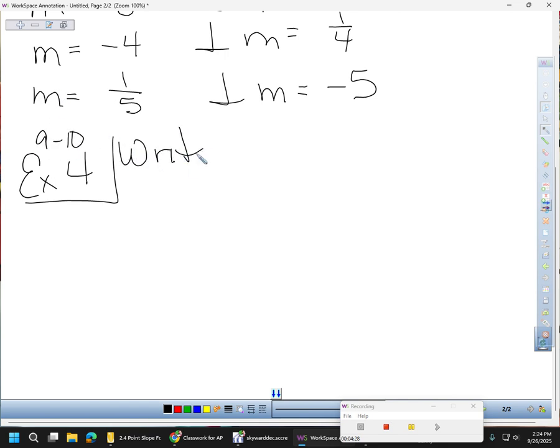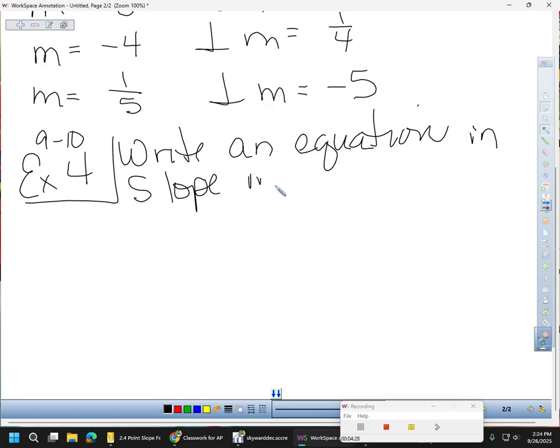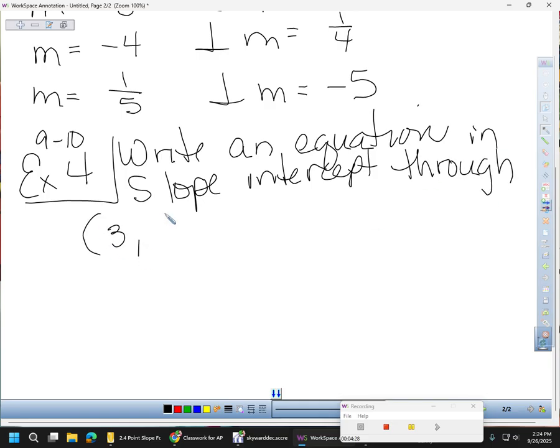Write an equation in slope-intercept through 3, -4, and parallel to y equals 5x minus 7.